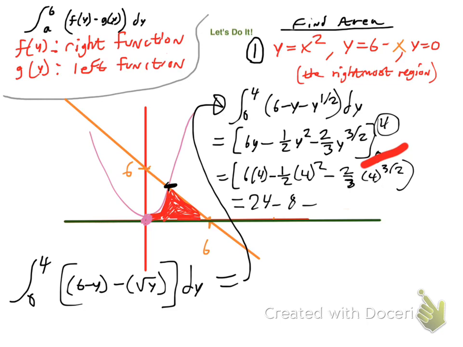Square root of 4 is 2. 2 cubed is 8, times 2 over 3 is 16 over 3. Okay. 24 minus 8 is 16, minus 16 over 3.